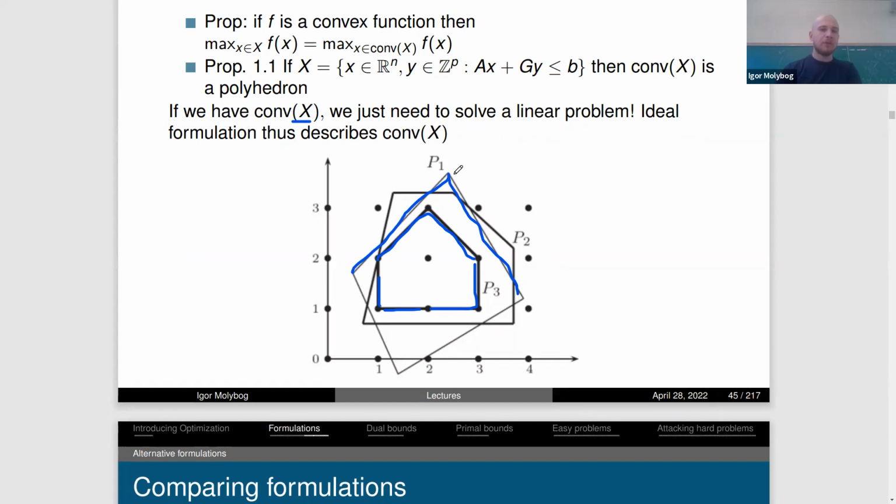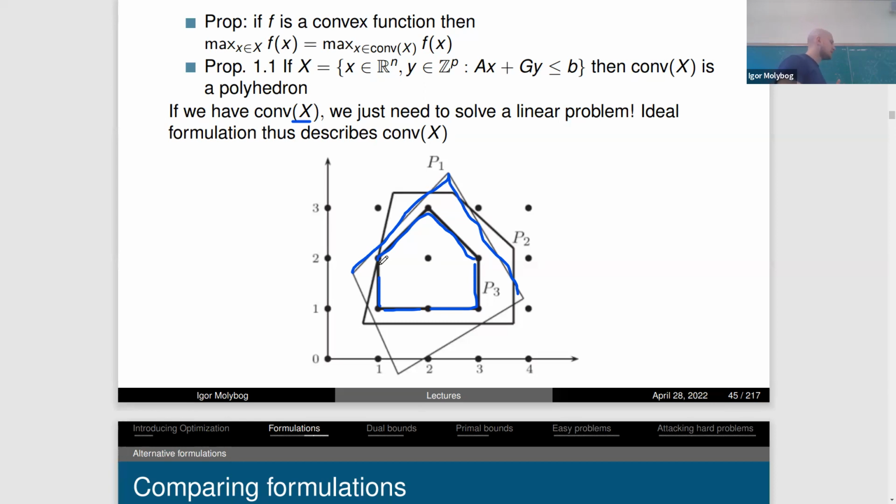The bigger formulation P1 has only four sides, so it has a smaller number of inequalities that describe it, while the exact formulation, the best formulation, has a larger number of facets.